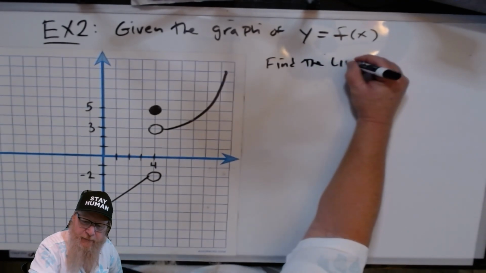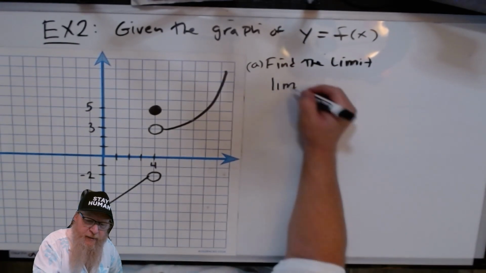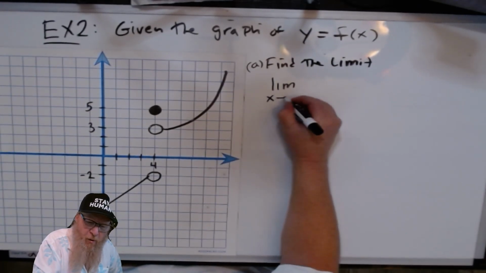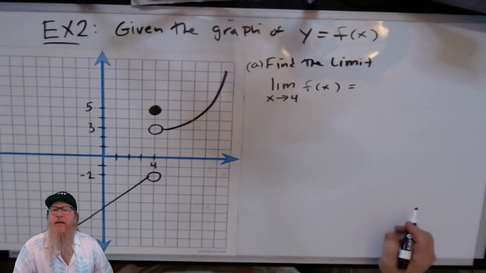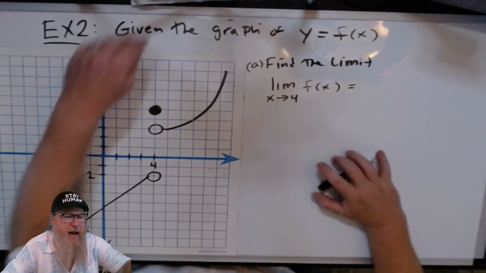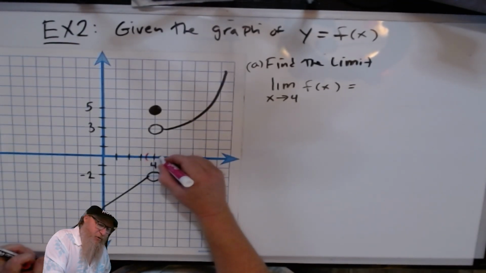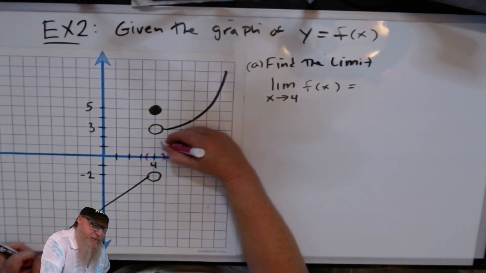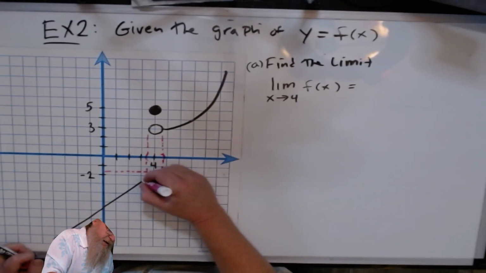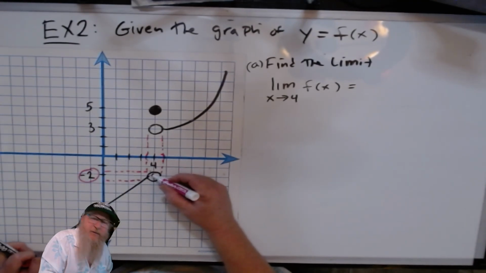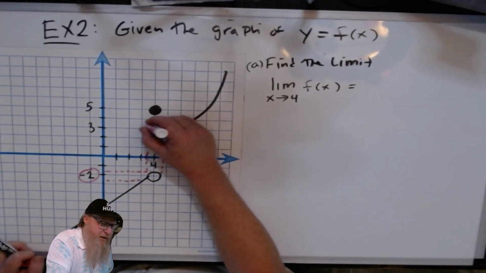Let's start with the limit. Guess we'll call this part A. The limit as x approaches 4 of f of x. Okay, so look what's going on here. As you get near 4, and again, you don't have to draw these little neighborhoods here, there are 2 possible real numbers. There's -2. Yeah, the function is near -2. It's also near 3.